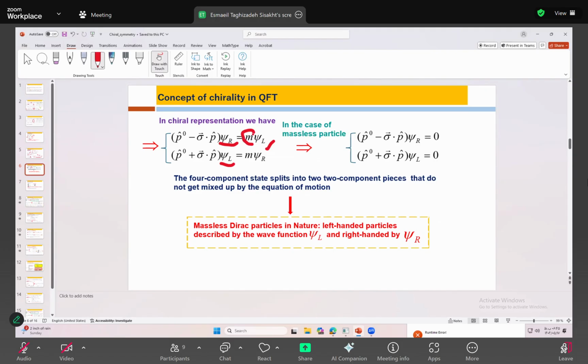So if we have a mass term in the Dirac equation, the mass term will mix the right-handed and left-handed states. But in the massless limit, we have two quite independent equations.